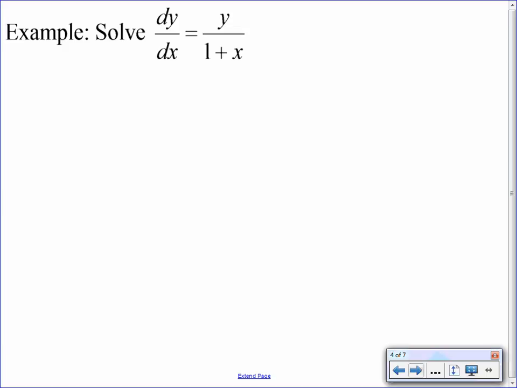Here we go. dy dx is y over 1 plus x. I see that x and y are both a part of my derivative. Okay, not going to work out so well. So I need to separate my variables. First of all, I want y's on one side and x's on the other. So how do I get dx over to the other side?